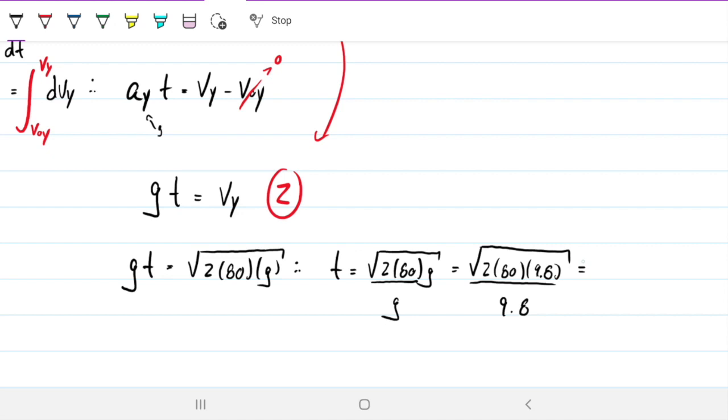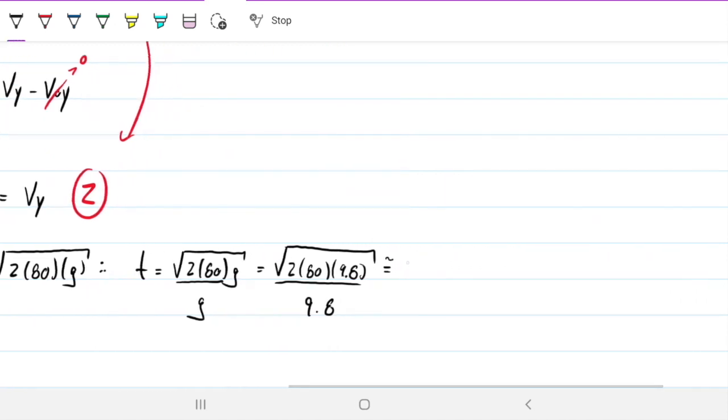And we take this square root, we're going to have positive and negative, right? Both for time, so we can pretty much disregard the negative one, only go to the positive one, and get about 4.04 seconds. Okay, so it takes about 4.04 seconds for the water to hit the ground.